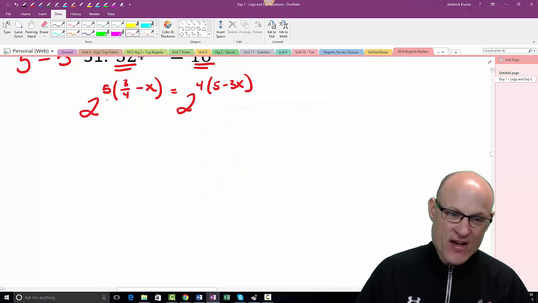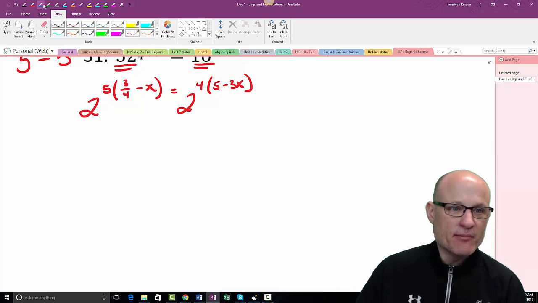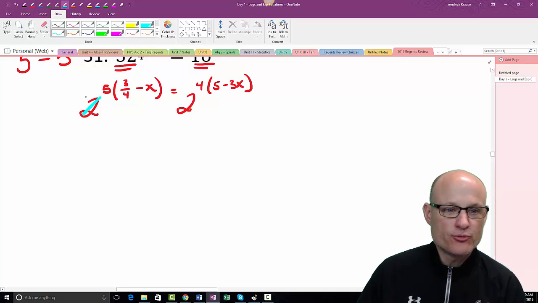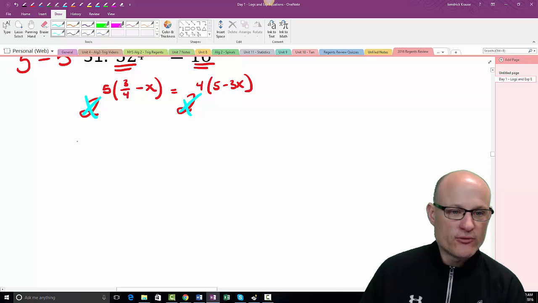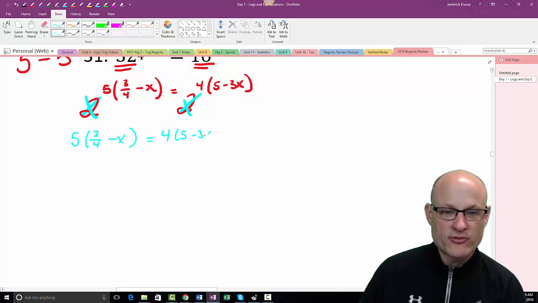Now that the bases are the same, I don't need them anymore, so I'm going to get rid of them and set the exponents equal to each other. So 5 times 3/4 minus x equals 4 times 5 minus 3x.